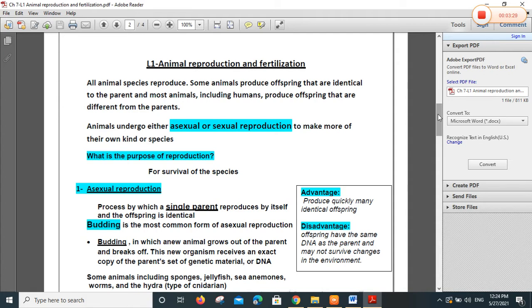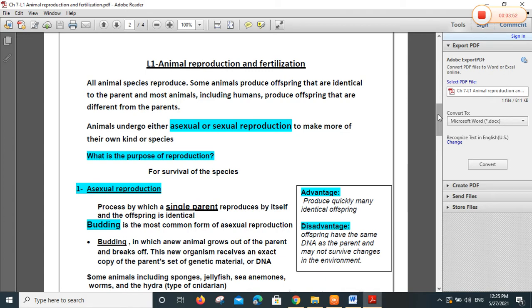But is there any disadvantage to this way? Yes. The disadvantage of offspring that result from asexual reproduction is that they all have the same DNA, they are identical, as I told you.